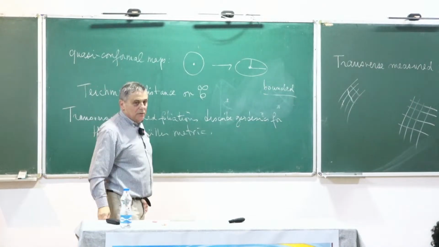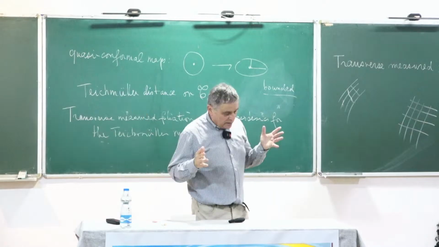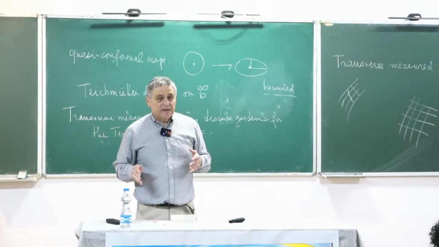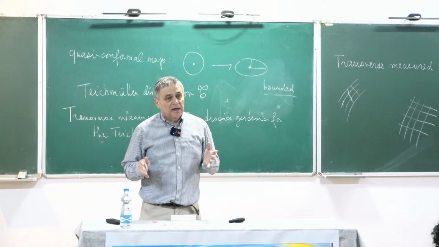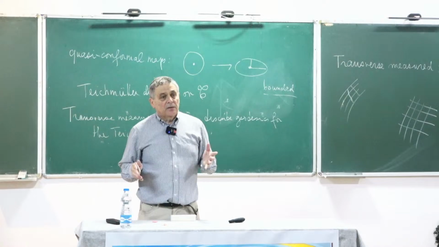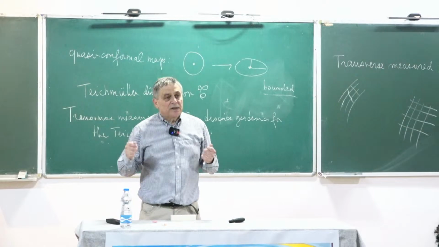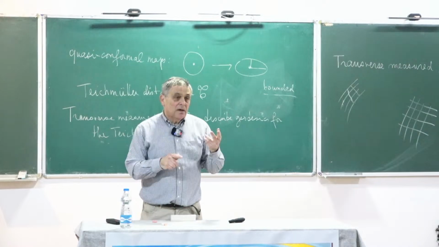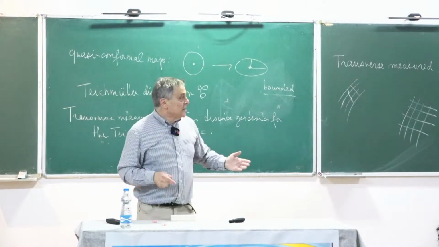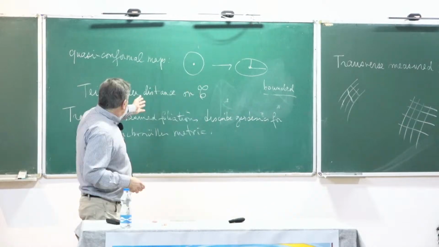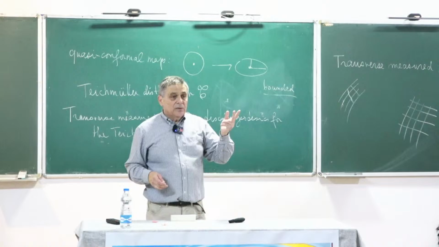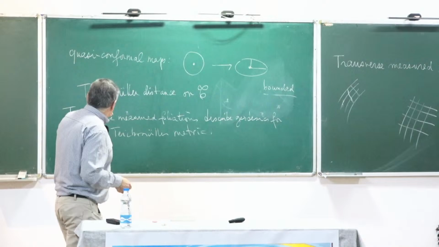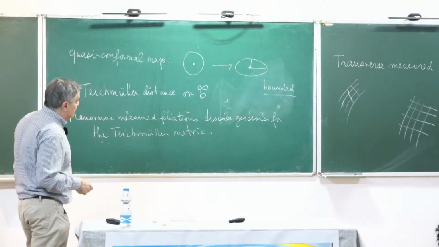When I started this course, I said we are going to define a metric on some space, and one of the good questions after we define a metric is, can you describe the geodesics for this metric? We did this for the hyperbolic plane. We did this for the Euclidean plane. On the sphere, we said what the geodesics are. So now I have a metric on Teichmüller space. We defined two metrics, the Thurston metric and the Teichmüller metric, which I defined.